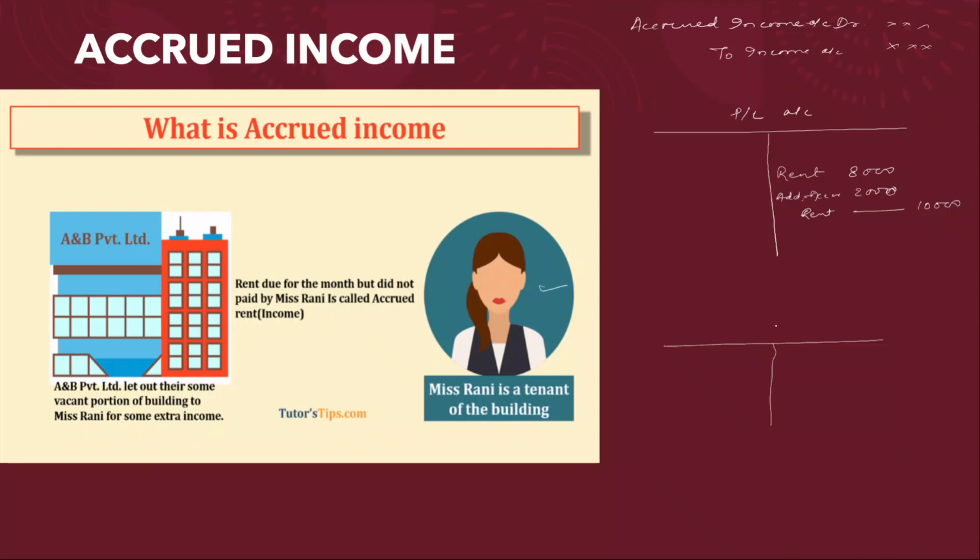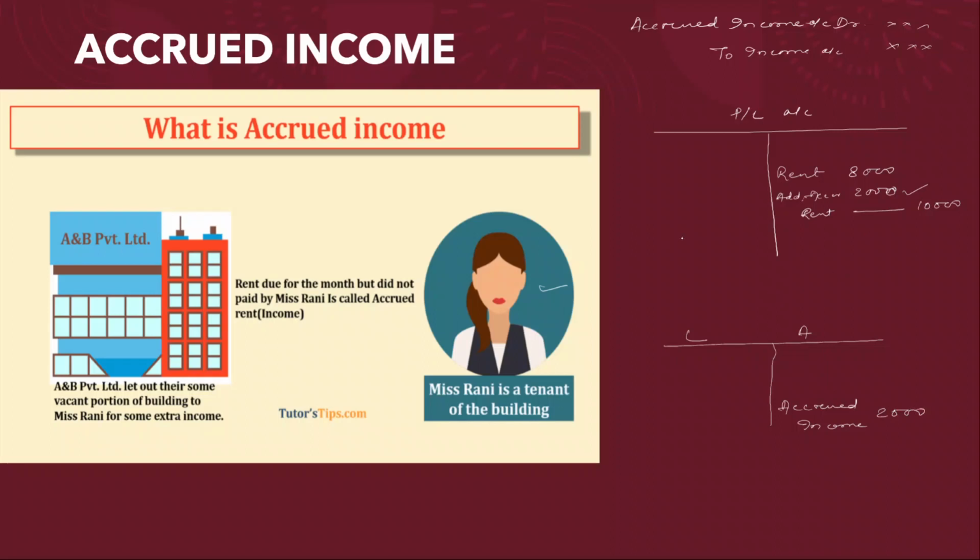So income has not come, it will come later. So this later is nothing but your asset. So on the asset side you will show it as accrued income. So how much will you show? 8,000, 2,000 or 10,000? You will show 2,000. Whatever the amount is, 2,000.